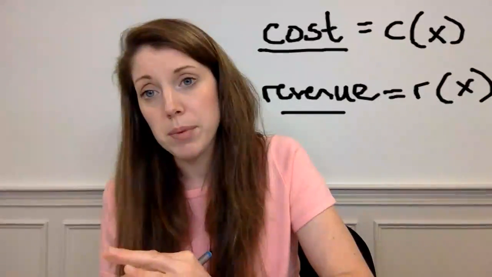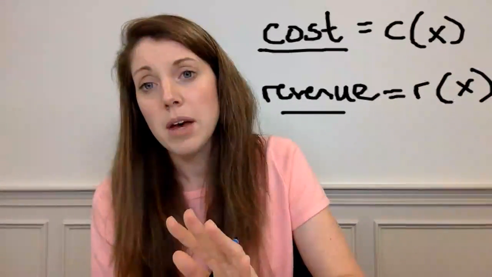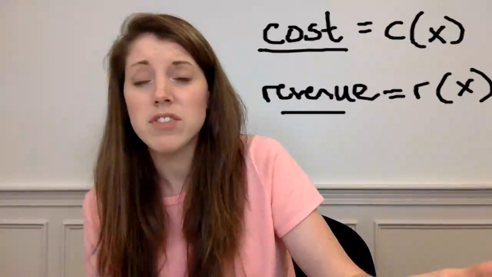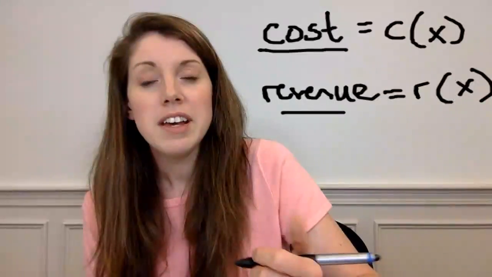Okay, I have an example here that I'm going to read to you related to this. But before we do that, you might be asking, okay, great, so there are equations, but what does that have to do with the rate of change? That's a good question.